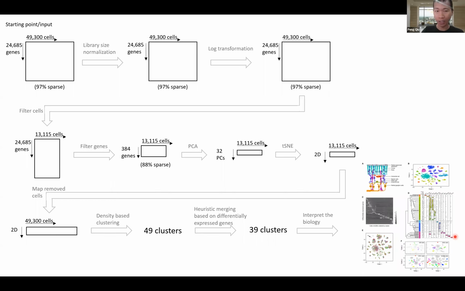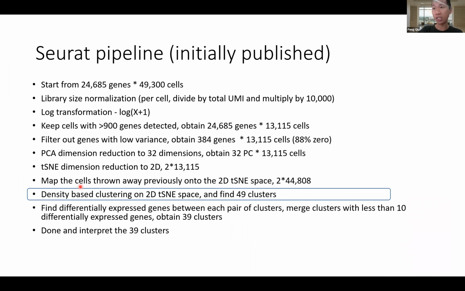Okay. So here is a text version describing their pipeline. What I want to draw your attention to is how they did clustering. Their initial approach published in this paper was that they first performed PCA to reduce their data dimension to 30, and then they did t-SNE to reduce the data dimension to 2, and then clustering was based on this 2-dimensional space.